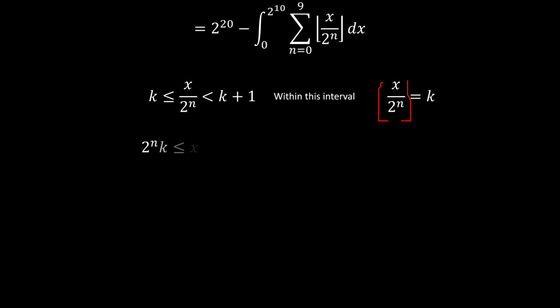And so in that interval, it means that x is between 2 to the power n times k and 2 to the power n times k plus 1.